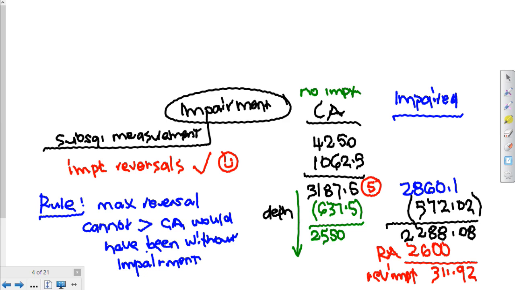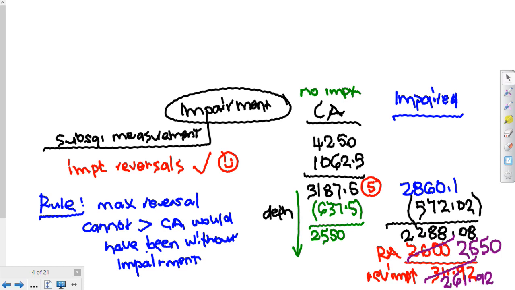Because if we hadn't impaired at all, we would have put depreciation into our books this year of 637.5, and we would have landed on 2550. Now, we want to reverse impairment. The maximum that we can reverse impairment to will be 2550. And the maximum, therefore, that we can reverse is 2550 less 2261.92. Yeah?